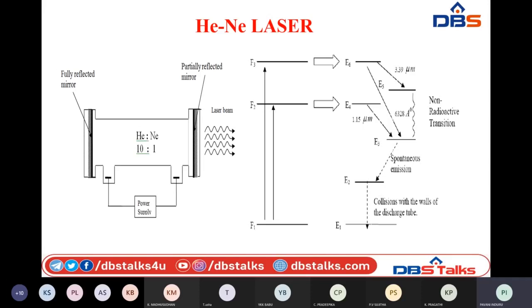First, we require the spontaneous emission process here, then only will we be able to obtain a photon. Once spontaneous emission takes place, they voluntarily come back to the lower energy states. So then one chance photon is obtained for triggering the stimulated emission.